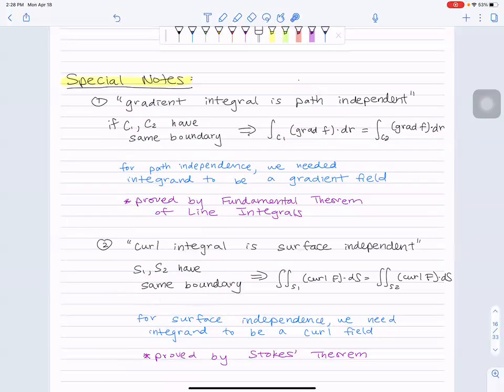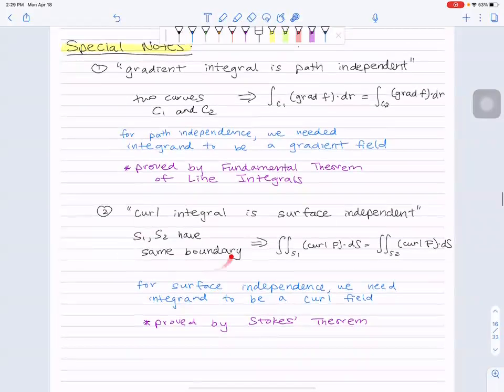Oh, I see. Okay, then I guess it could be any two curves, C1 and C2. But for the second one you need the same boundary, just like the example of my cap and then the circle.